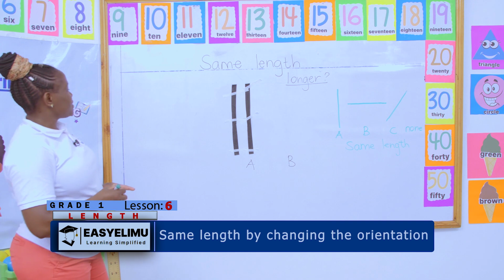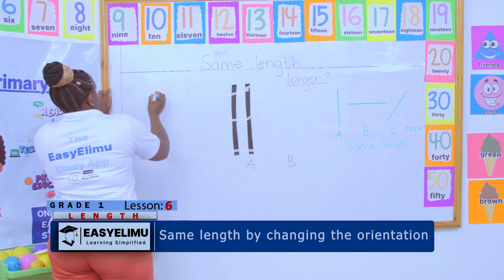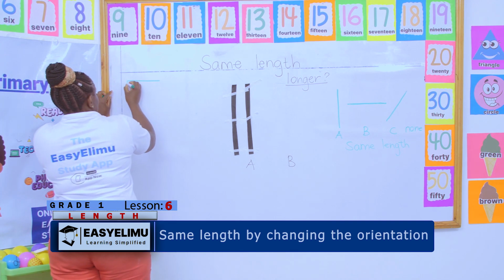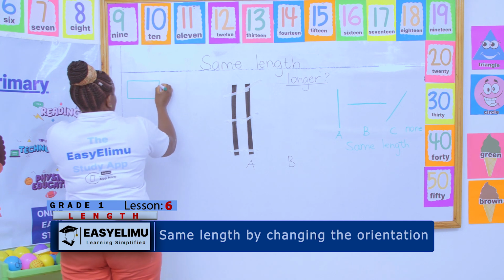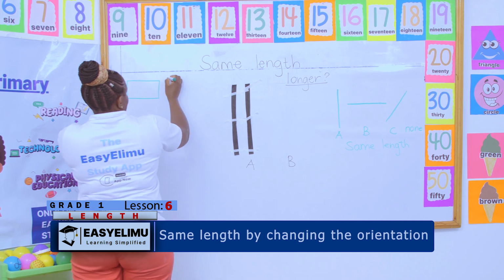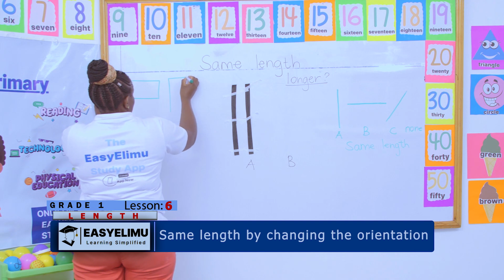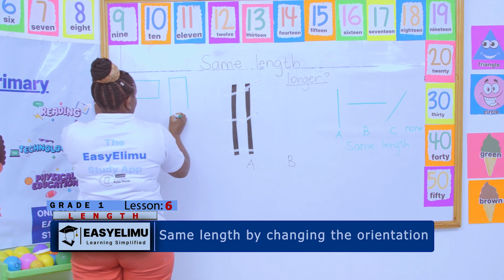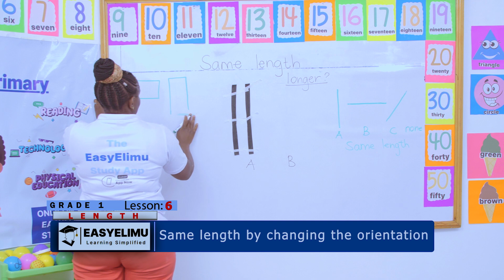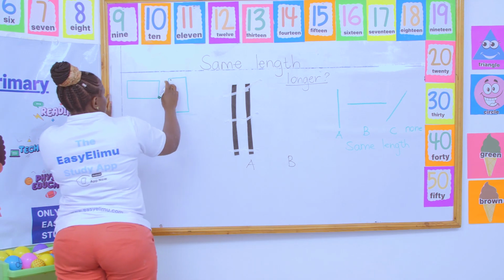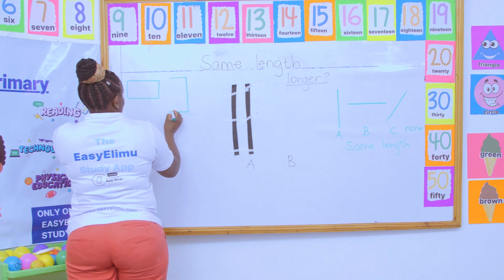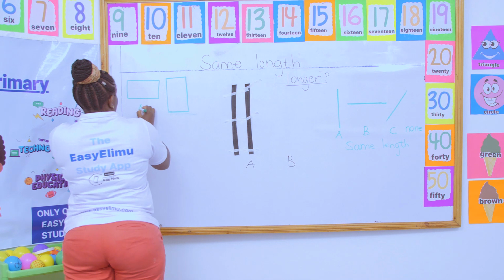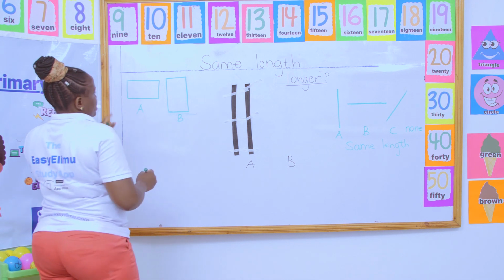Are we together? Now, this is my rectangle. Look at this rectangle of mine. This one is facing like this. And I'm being asked, A and B, look at the two rectangles.